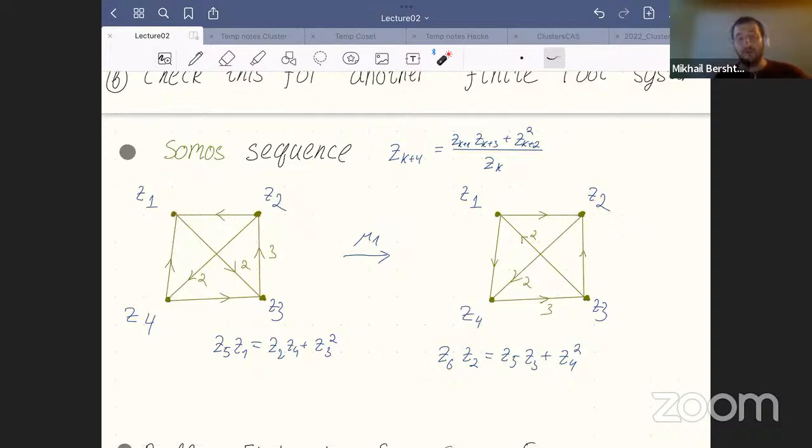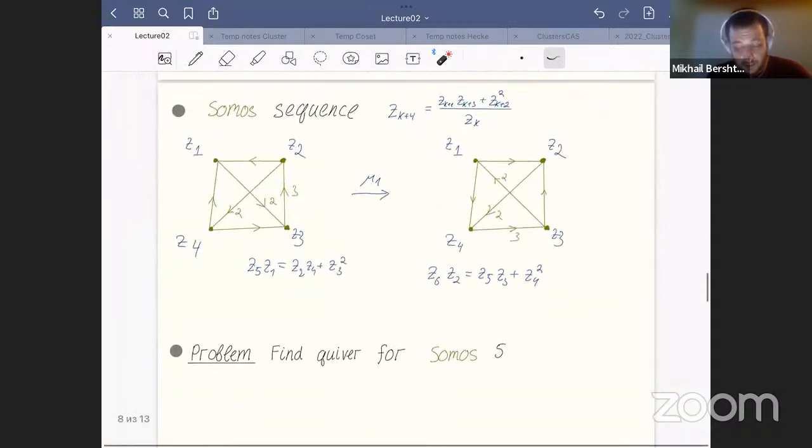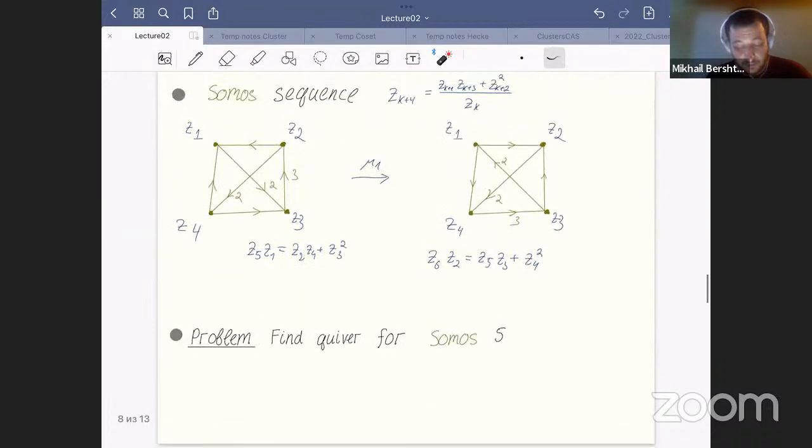It maps the quiver to itself. But of course, the variables are transformed non-trivially due to Thomas recursion relation. One can do the same for the Thomas 5 sequence, and I left it as a problem.